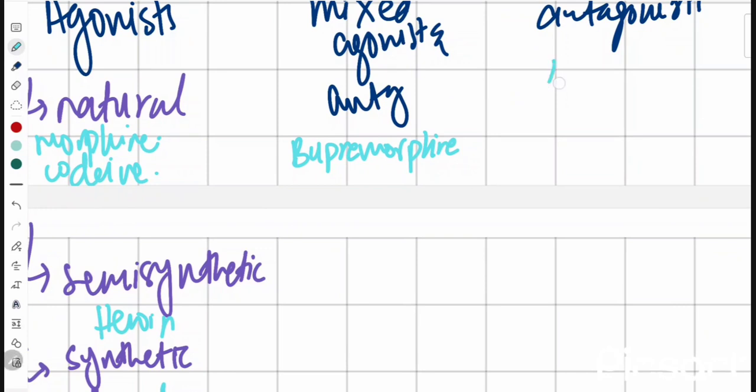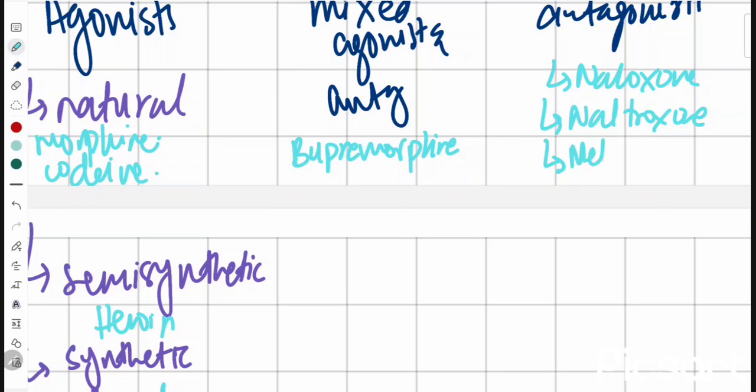And then with antagonists we have naloxone, naltrexone, and methyl naltrexone. Okay, now we're gonna do some things about it in detail.